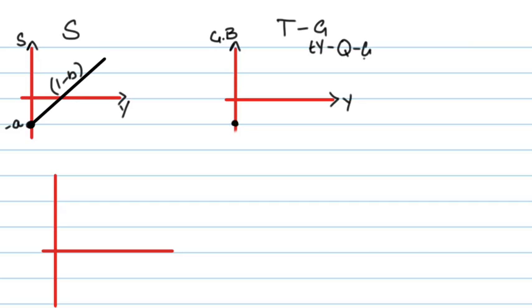The vertical intercept will be minus q minus G, where Y equals 0, and the curve will look like this, the gradient being t.